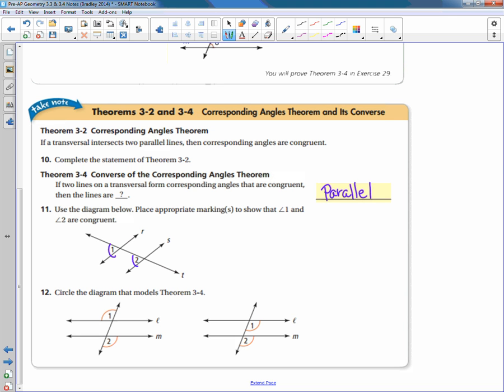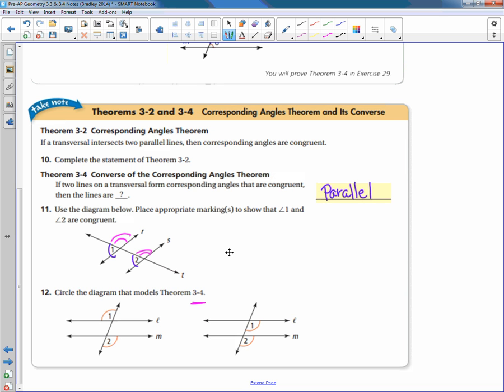Now, how would I show that perhaps this angle right here was congruent to this angle right here? We would do 2 marks, right? And then if I had a third pair, how many arcs would I do? 3 arcs. Very good.